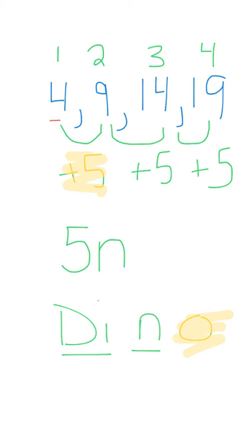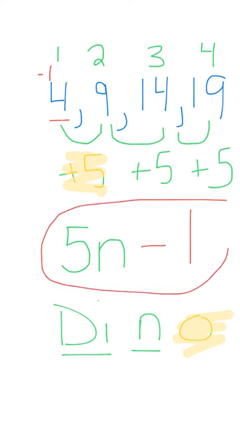So 4 minus 5 ends up being -1. So my 0 term would be -1. So now I do minus 1. So my algebraic expression is 5n minus 1.